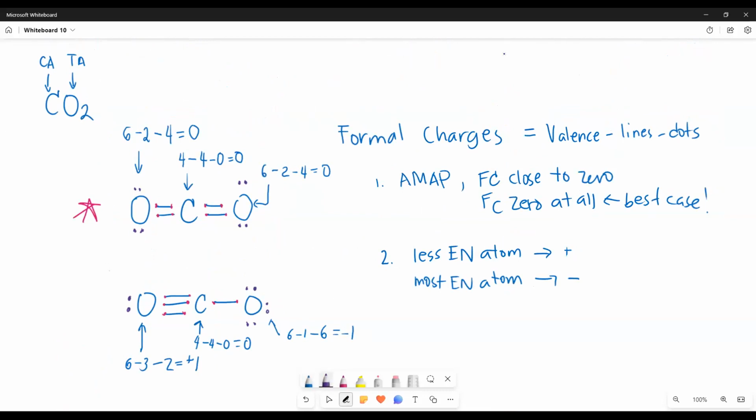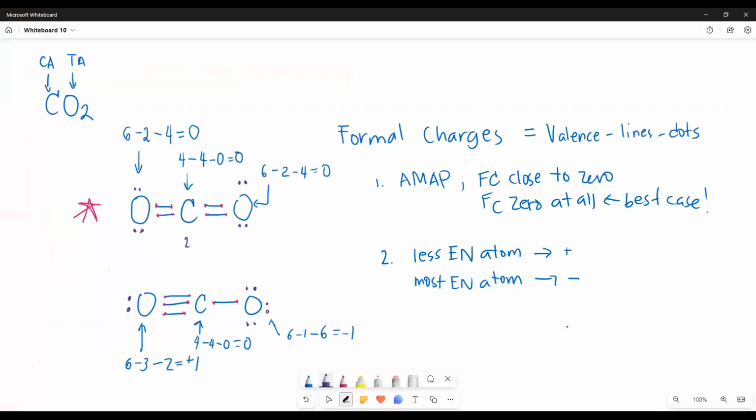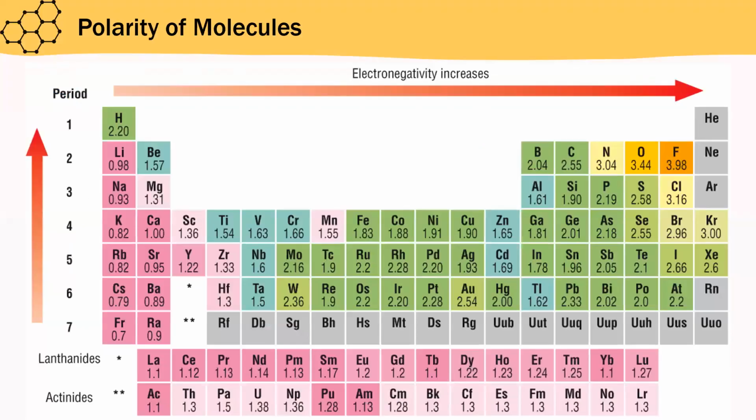Let's use the periodic table again. The electronegativity of carbon is 2.55, and oxygen is 3.44. Let me just check it again. Okay, yes, it's correct.